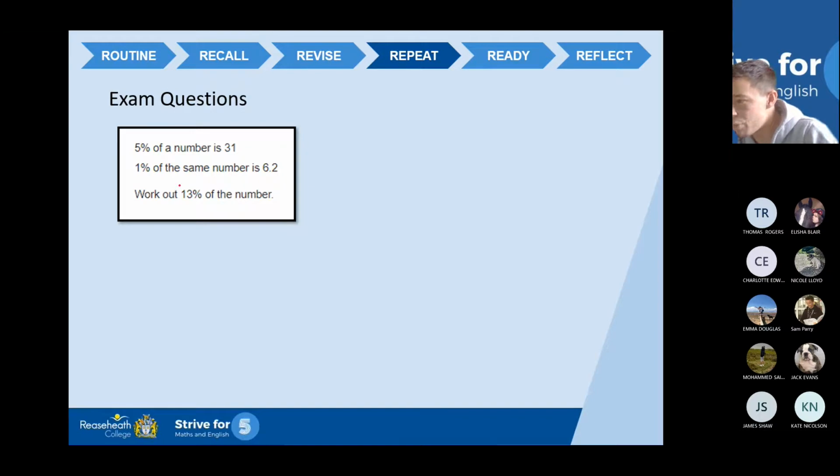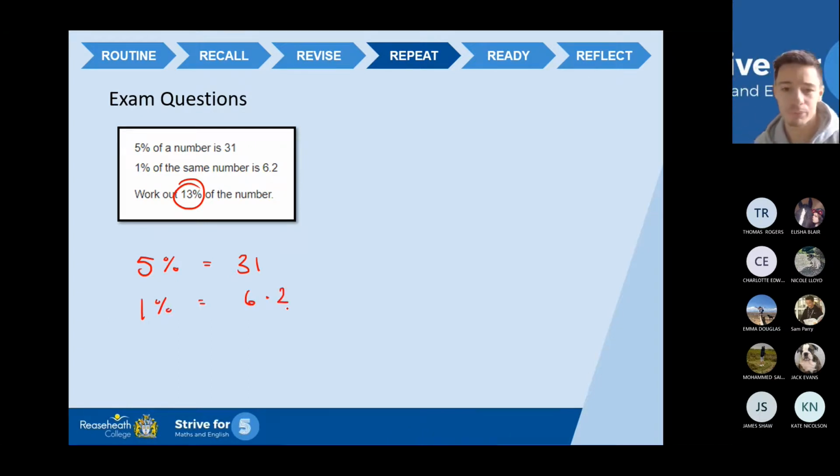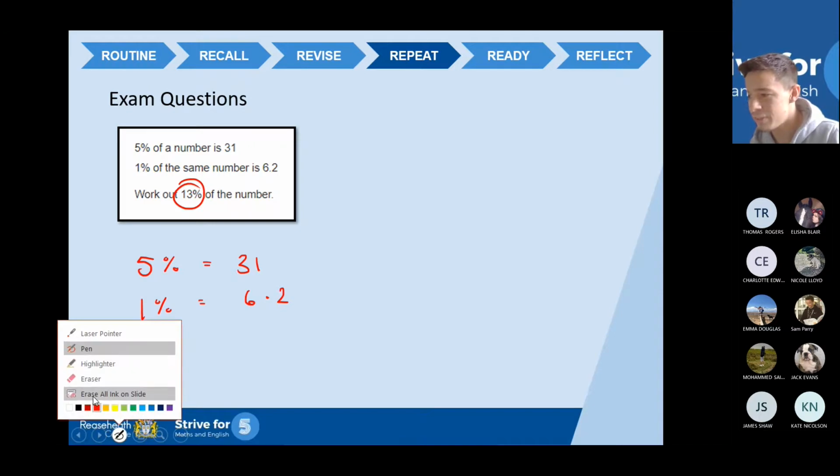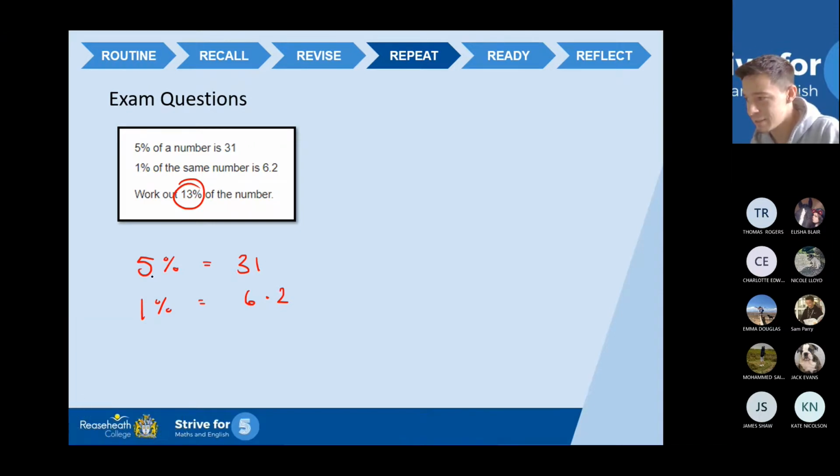Right, I want 13%, okay? And I've been told that 5% of a number is 31. 1% is 6.2. Okay, that's what I've been told. So 5%, and I want 13%. So what I need to do now is how can I use this information here to get me up to 13%?